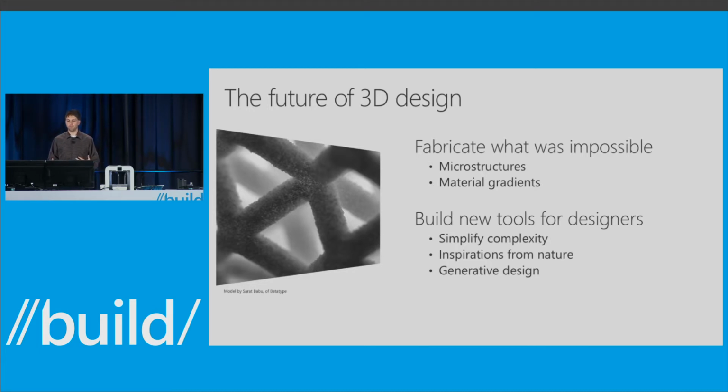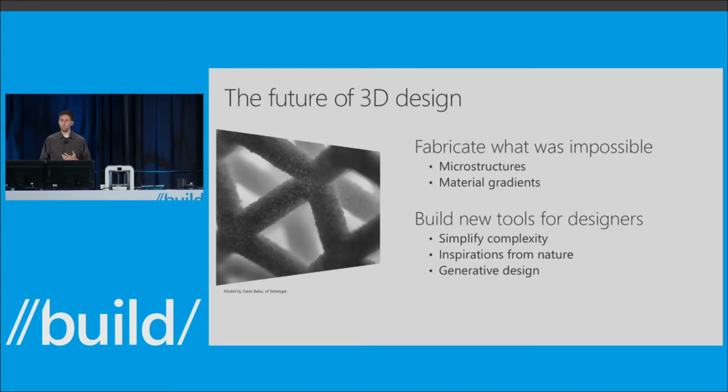What's amazing about 3D printing is you can now fabricate things that simply were not fabricatable before. You can look at pictures like this. We can build microstructures. We can build these tiny little detailed pieces, hollowing out objects, making more efficient structures.